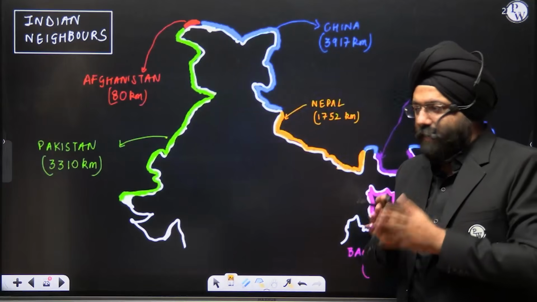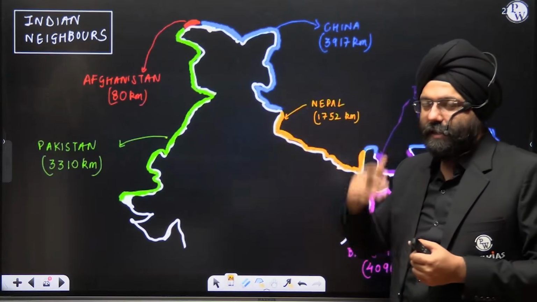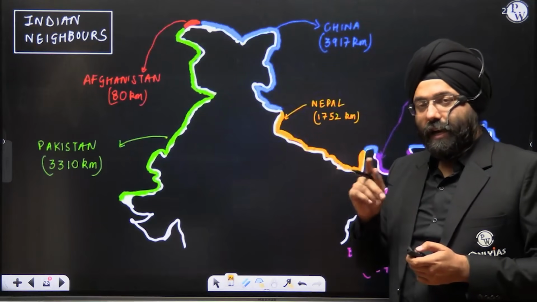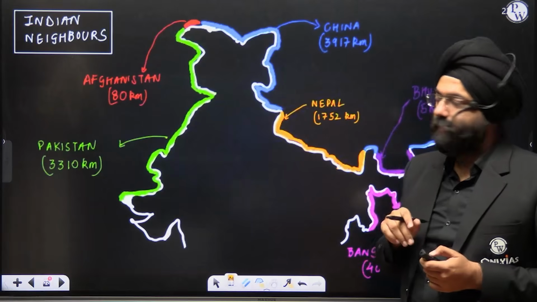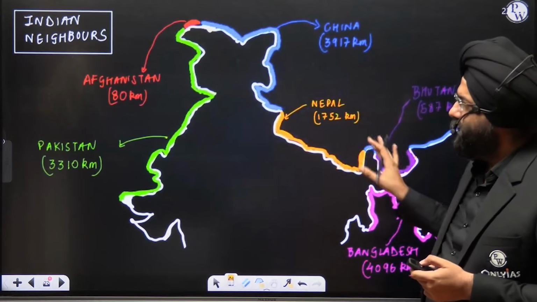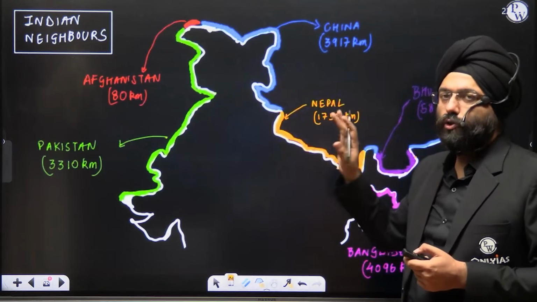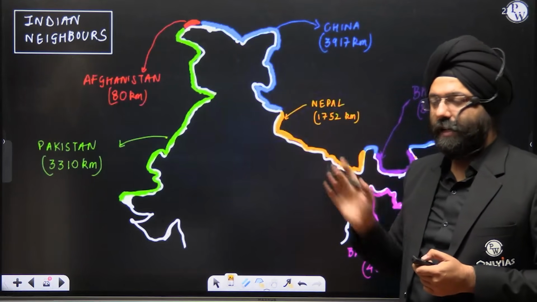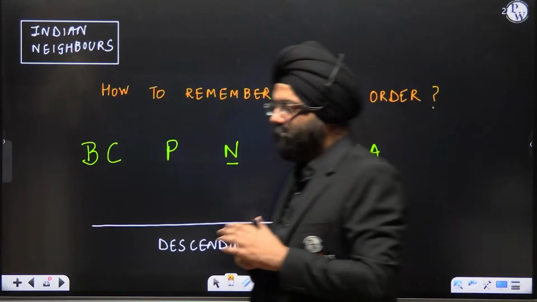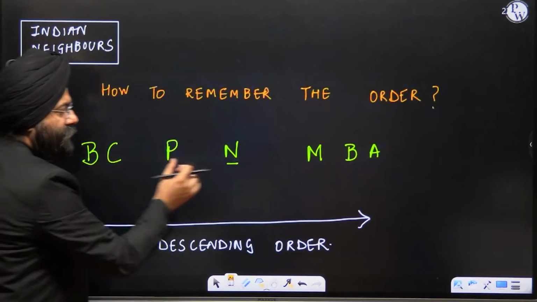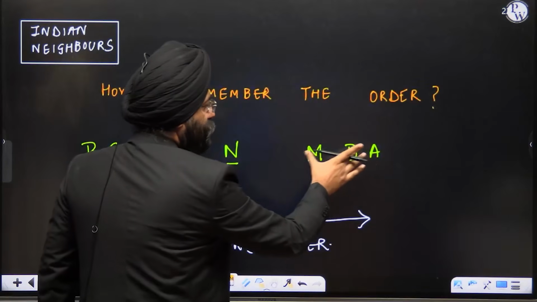Because the length and who the neighbors are is mentioned in the NCERTs, right? Understand this, there's a way to remember it. If you observe, you do not necessarily have to remember the figures or the kilometers, but you should know the order. How can you remember that? BC Pakistan, Master of Business Administration, MBA.